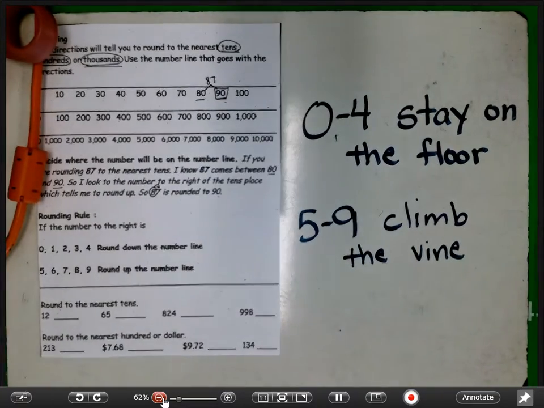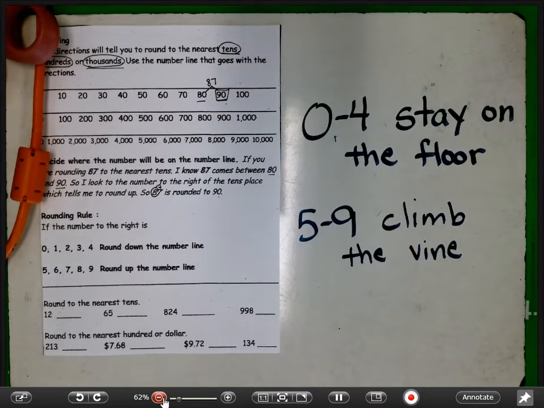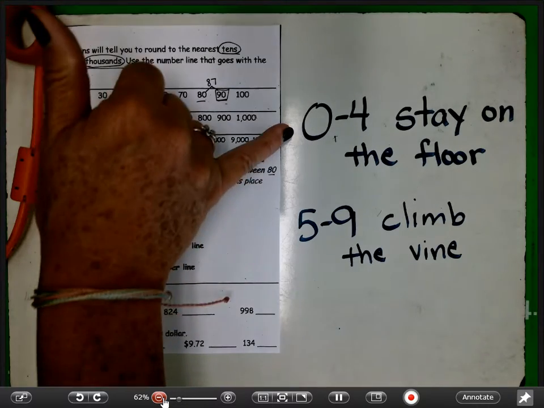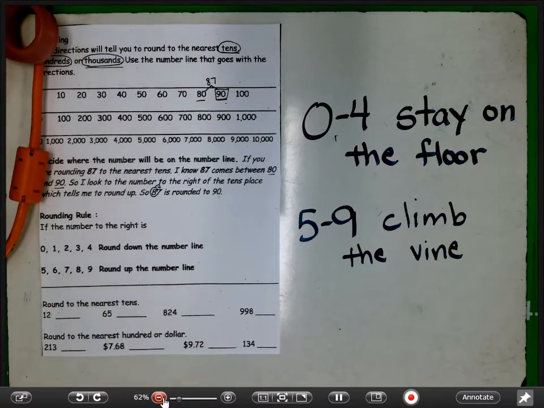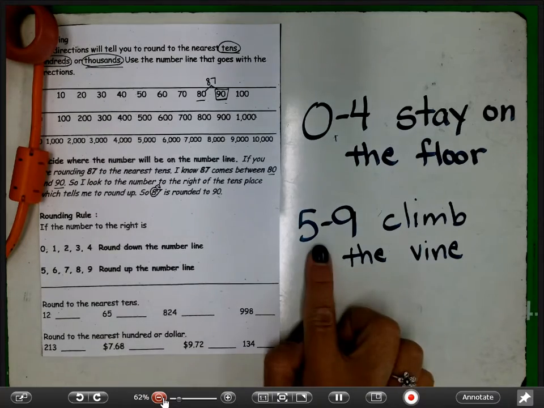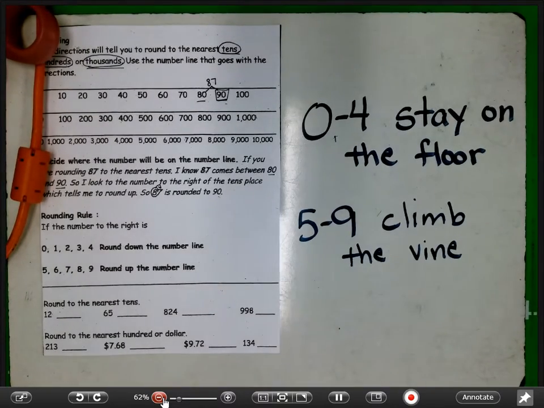We talked about this a lot yesterday. We were trying to remember, how can we remember? These guys are little, so they're going to be closer to the lower number because they're just a couple steps away. 2 is only 2 steps away from the lower number. These guys are big, so they're going to be closer to the bigger number.